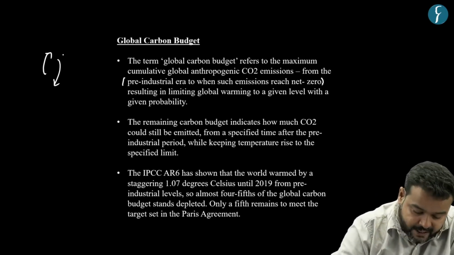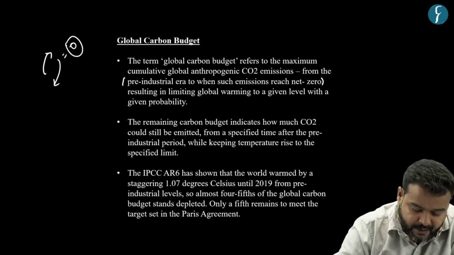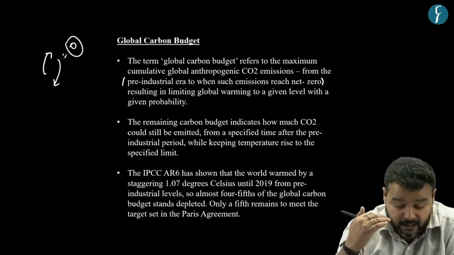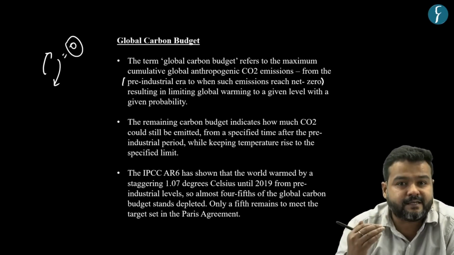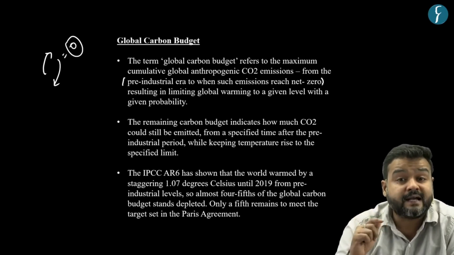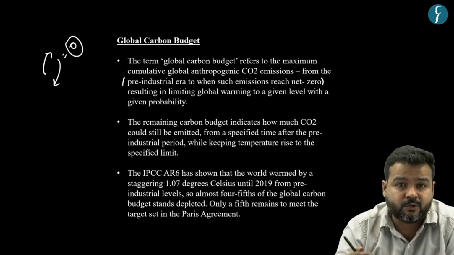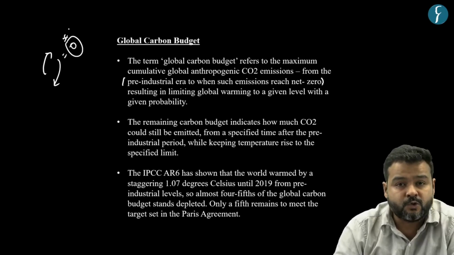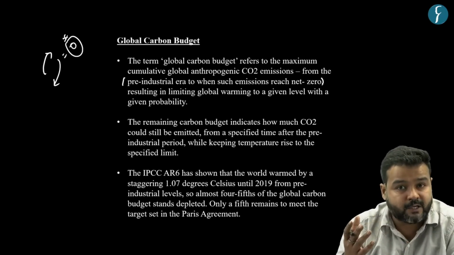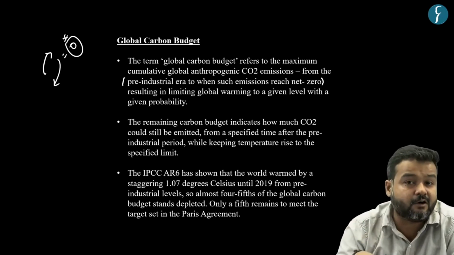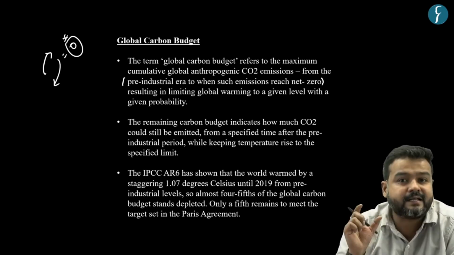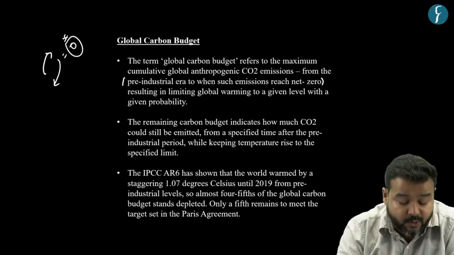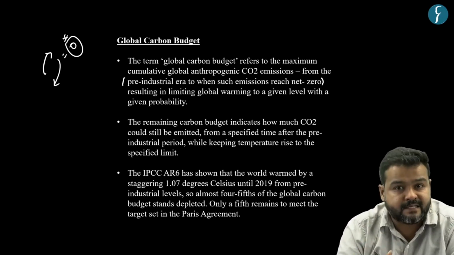So when this becomes zero, it is net zero emission. So the carbon budget is nothing but the amount that you can emit so that you can reach up to this level. You cannot emit any amount because then you will never reach this level of net zero. So there is a certain budget, the amount that you can emit so that you can achieve this net zero emission.